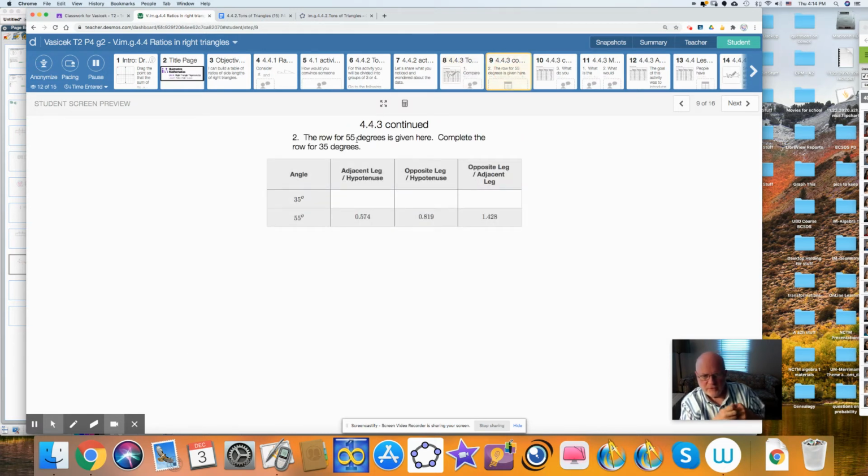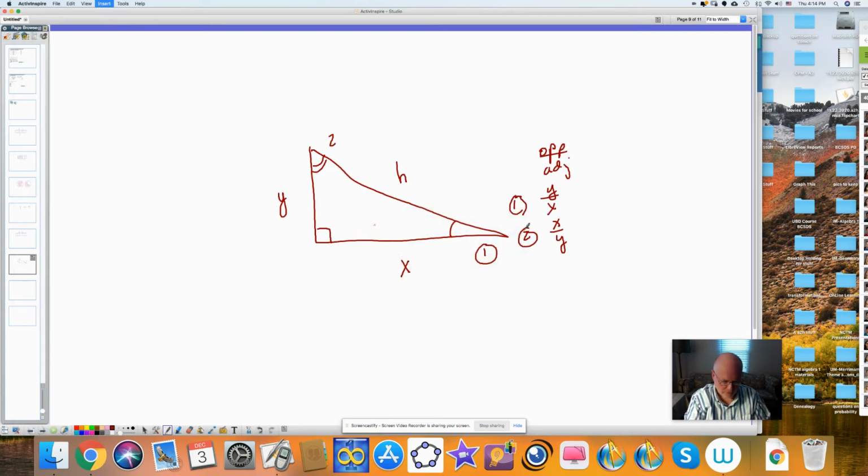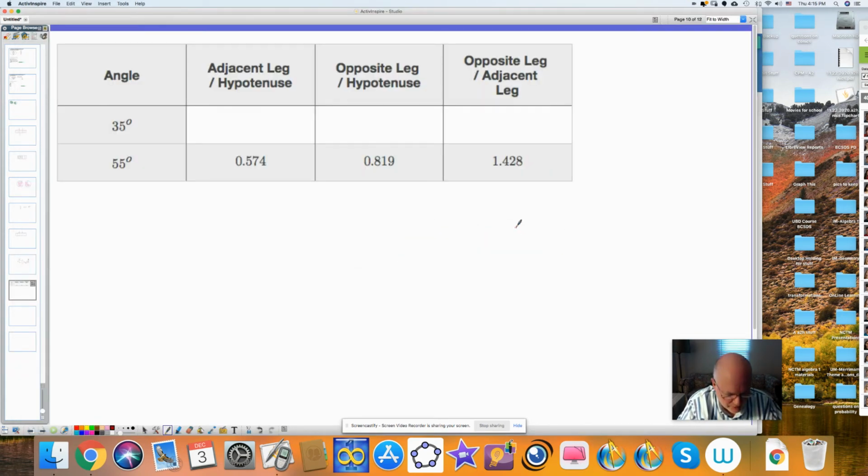The row for 55 degrees is given here. Complete the table for 33. Well, if I were to draw this figure, I'm going to copy this over to my whiteboard and draw a picture of this.